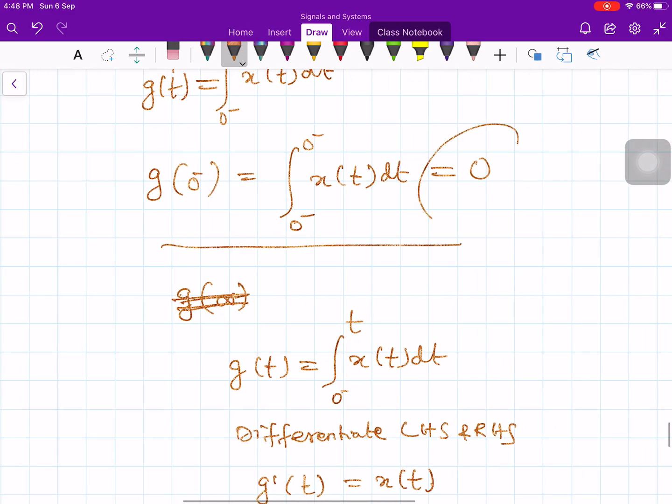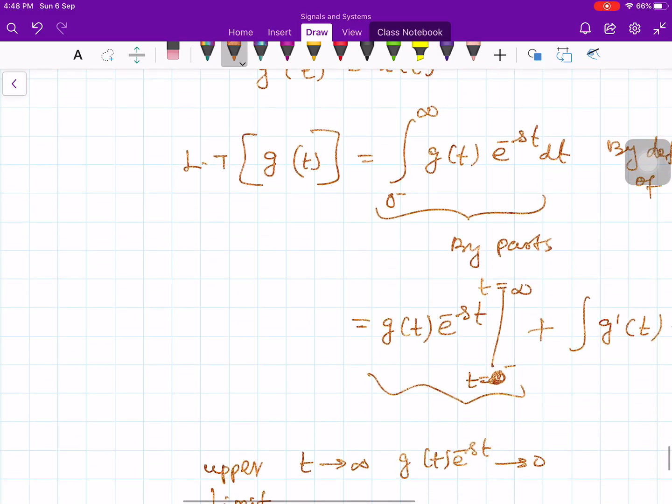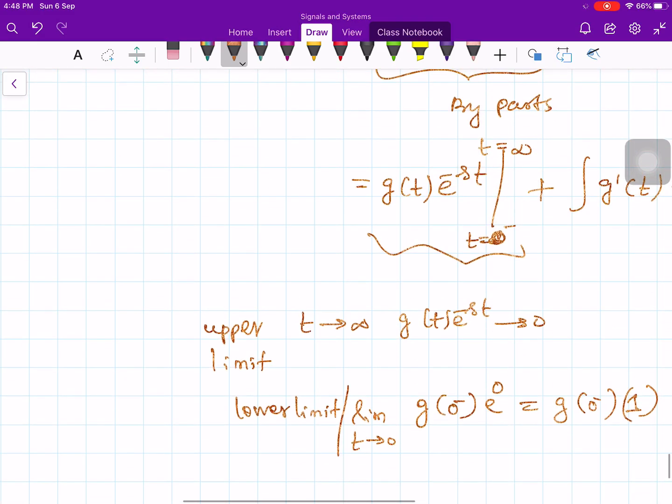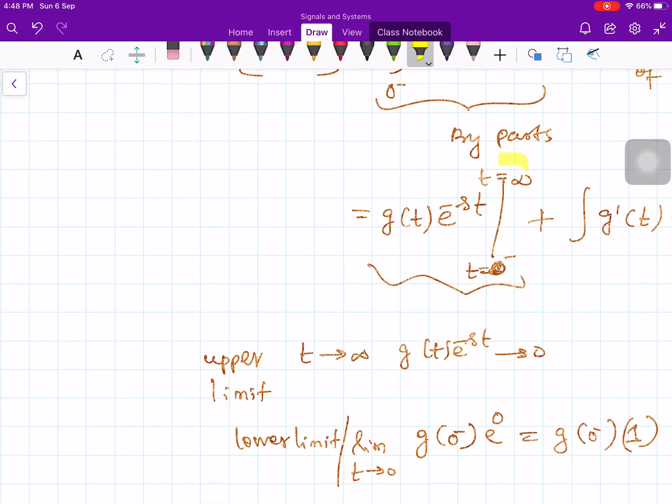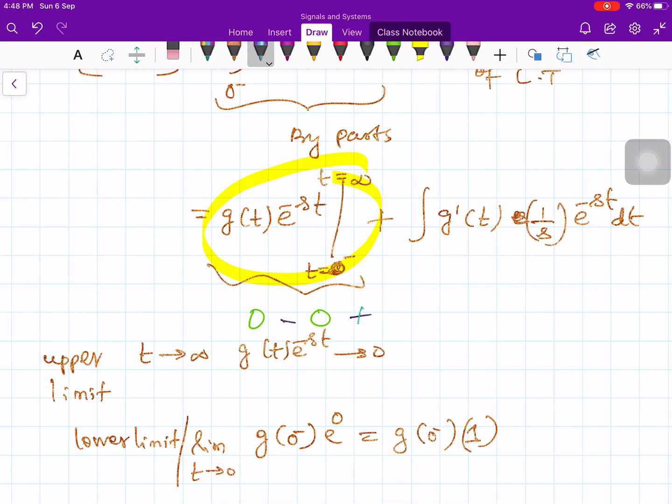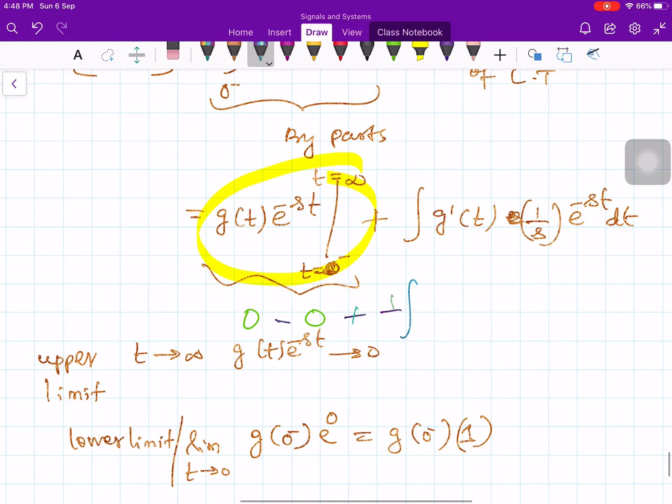Therefore, in this expression, the first part, the upper limit is 0 and the lower limit is also 0, so we get 0 minus 0, plus the rest of the integration. This 1 over s is a constant, so you can pull it outside: g dash of t e to the minus st dt, and this g dash of t comes from your integration by parts.